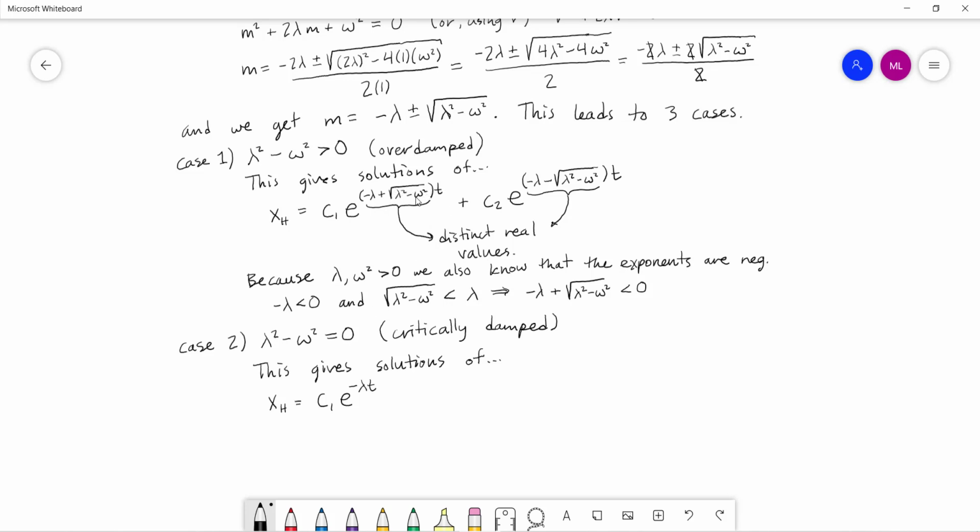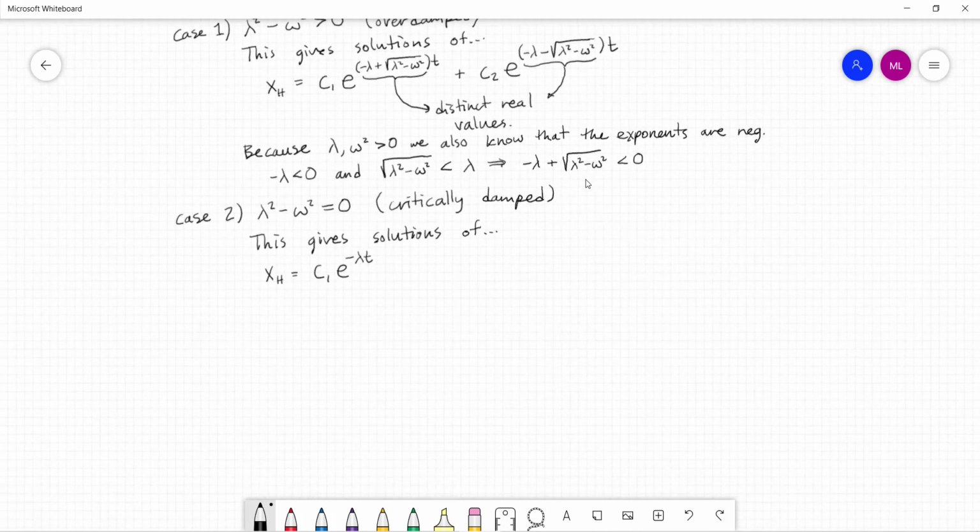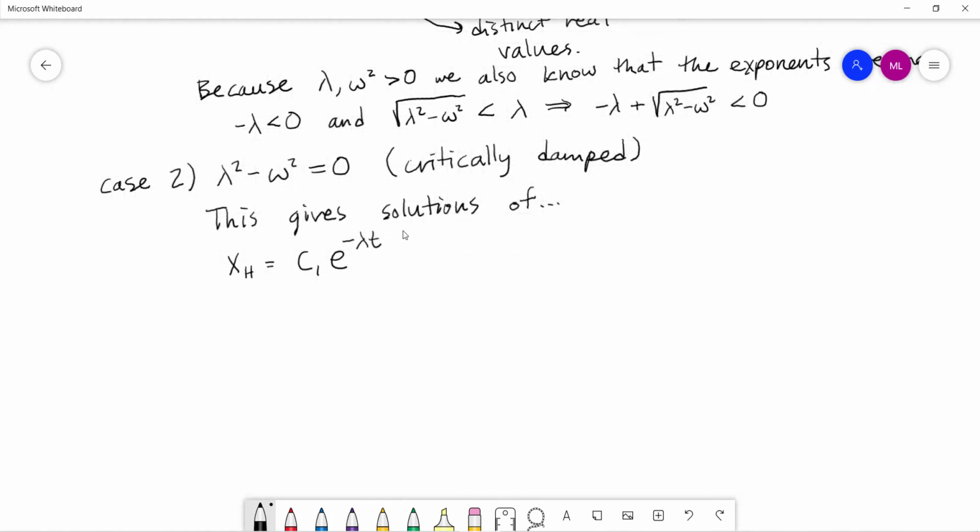But that means that we also have a repeated root. It's a real number, and it's negative, but it's a repeated root. So what did we have to do for our solutions when we had repeated roots? Well, the first one is always just C1 times e to the negative lambda t, whatever that root is. And the second one picks up an extra factor of t. And so that's what the solution looks like in this case.